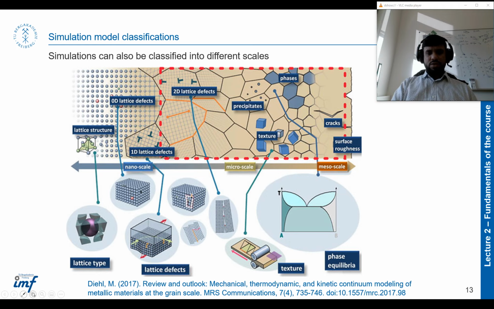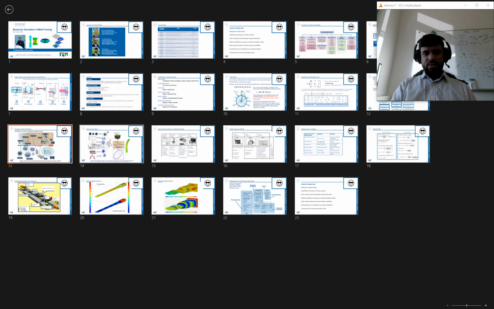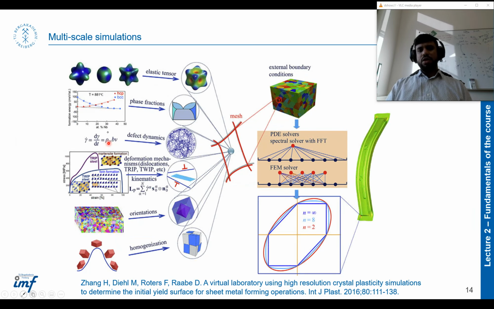So I will just quickly select this slide and go here. For example, if we are interested in looking at the bulk deformation behavior of a material, the yield criteria is of interest.